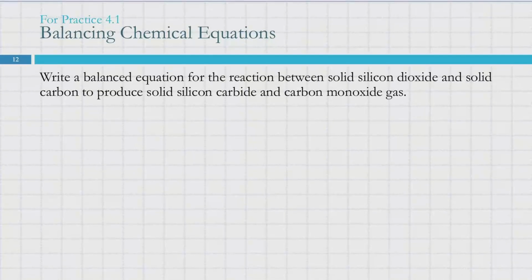So we've got chemicals, silicon dioxide, carbon. We've got a key word here, to produce. To produce is where we put in our arrow. So we've gone from talking about reactants to talking about products. And our products are silicon carbide and carbon monoxide gas.